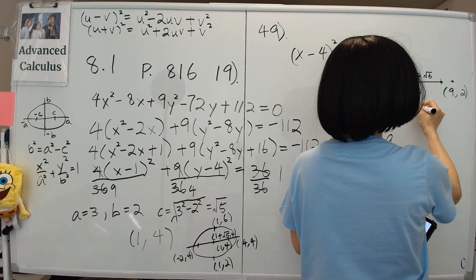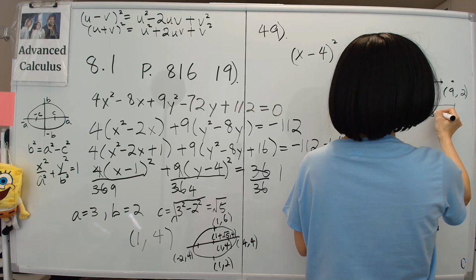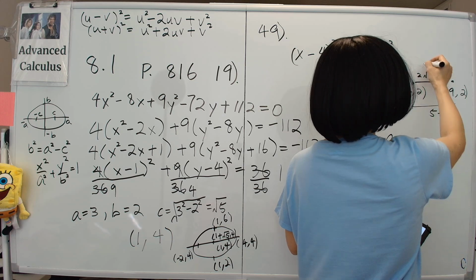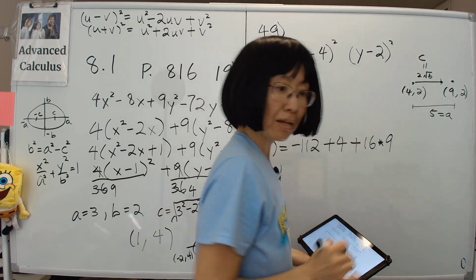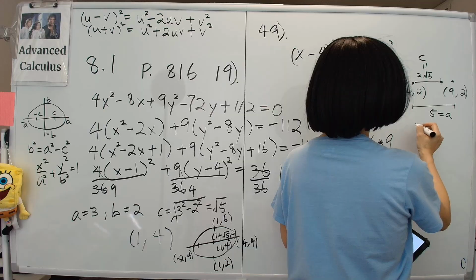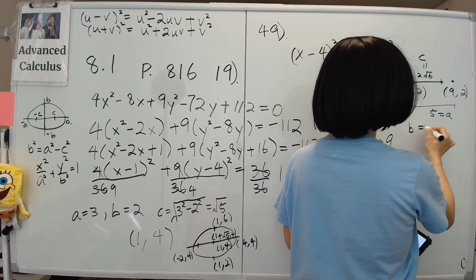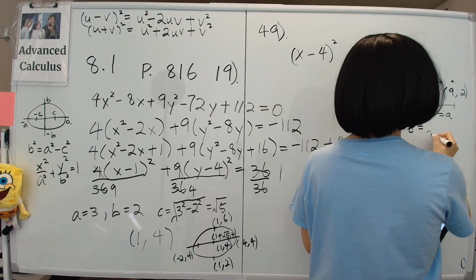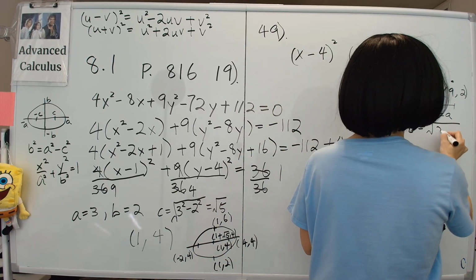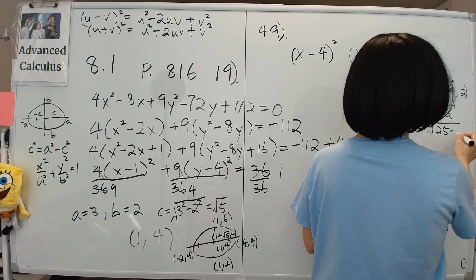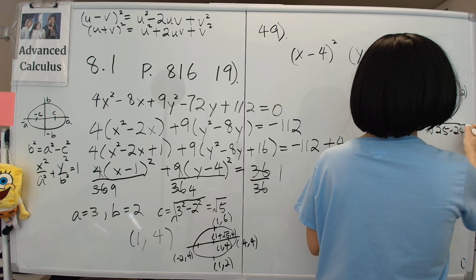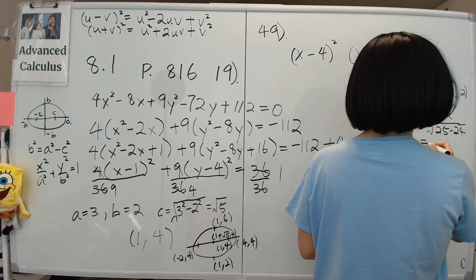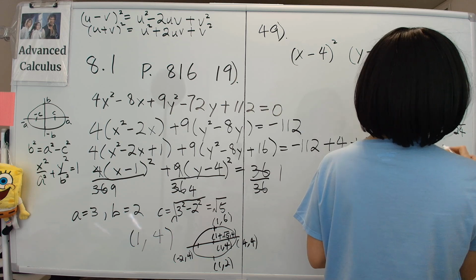So A equals 5, and this number is C. Then B equals the square root of A squared minus C squared, as the formula states: the square root of 25 minus 24, since C squared is 4 times 6, which is 24. So B equals 1.